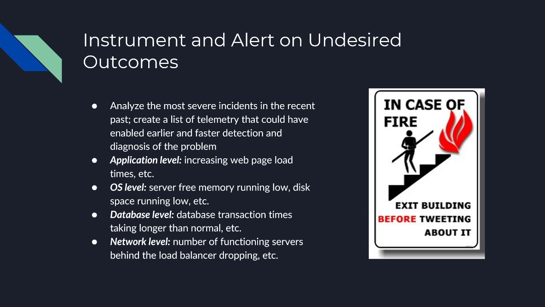And much like a disease, when you see the symptoms, you can tell what might occur next. So then, in order to figure this out, we would create these lists of telemetries that could enable earlier and faster detections, and then be able to diagnose the problem and resolve it at a faster rate than normal.